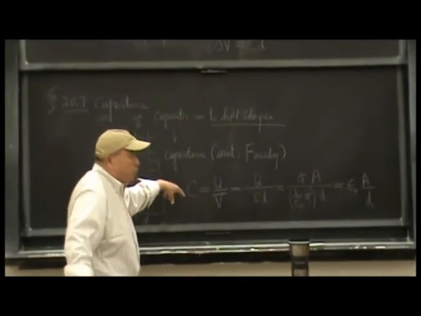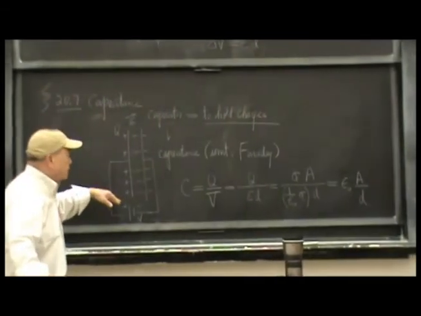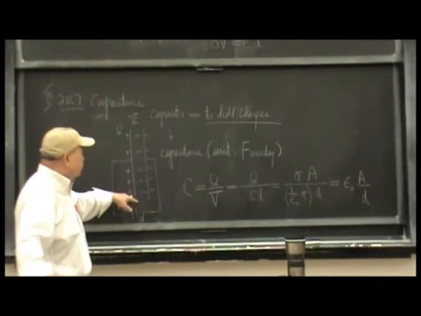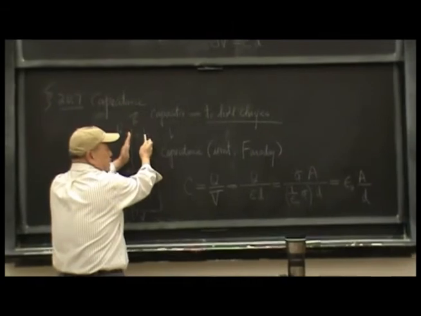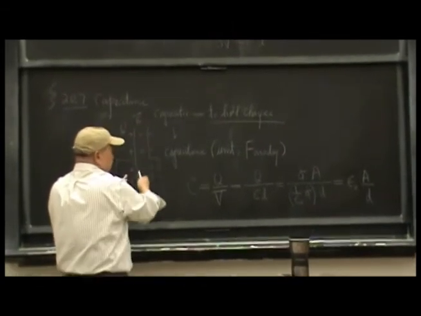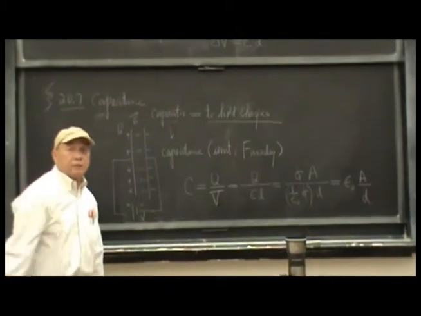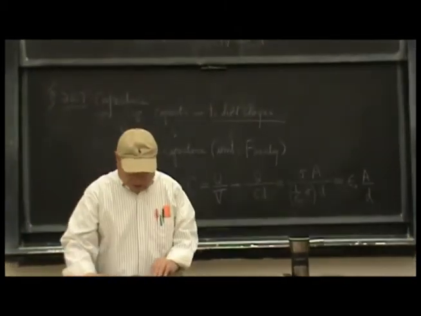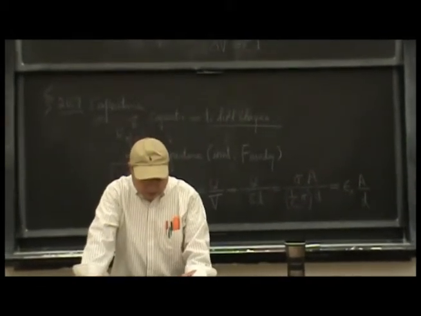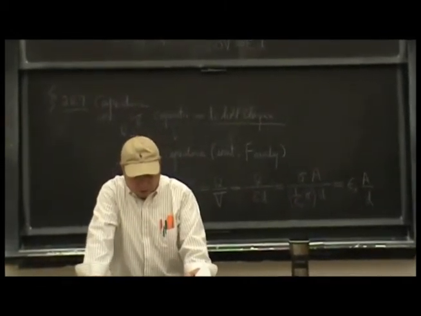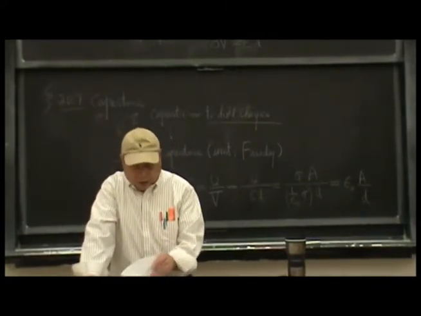When you want to make a capacitor, the only information you need is D, the separation between the two plates, plus the material inside here, and the area. Then you define the capacitor. Capacitors come with different shapes. They can come with the cylindrical shape, or they can come with the plate shape.